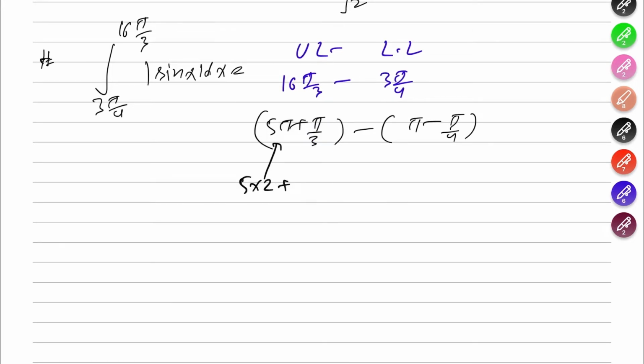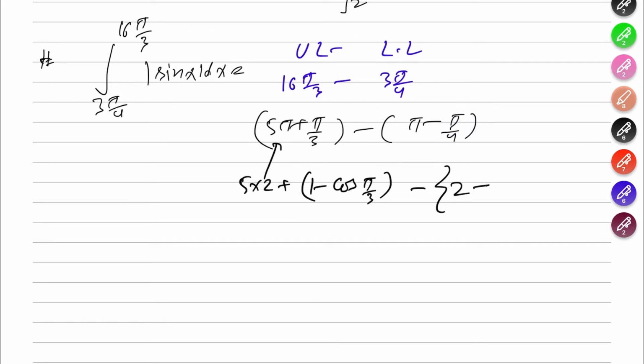Now we'll write 5π as 5 × 2, plus π/3, and since it is a sine function, 1 − cos(π/3), minus, this is π, that means we have a 2, and minus this is π/4.